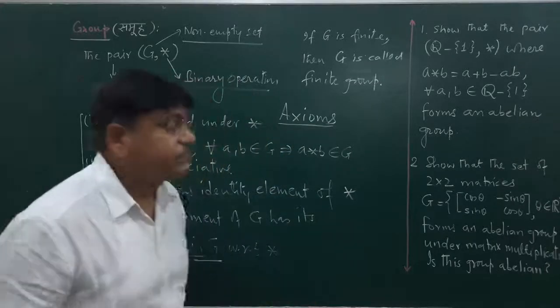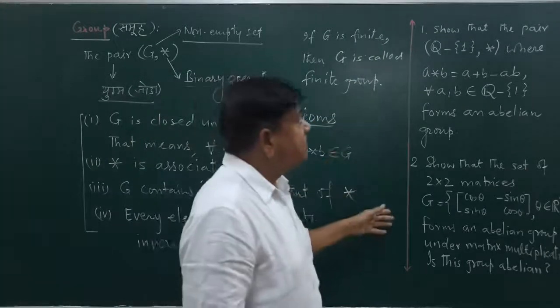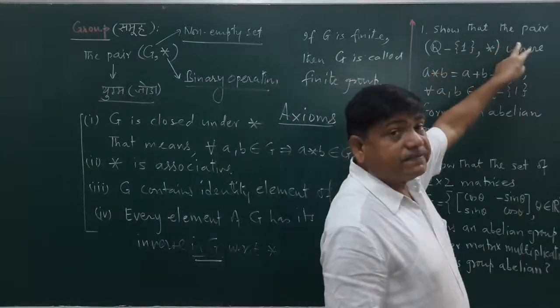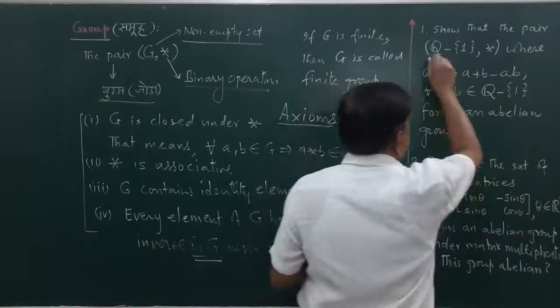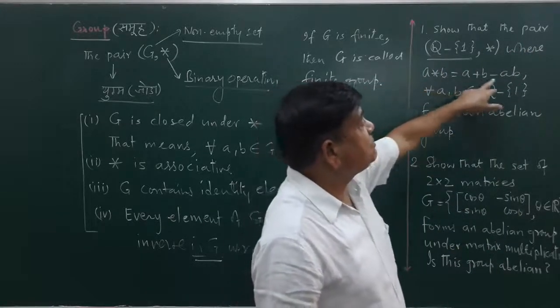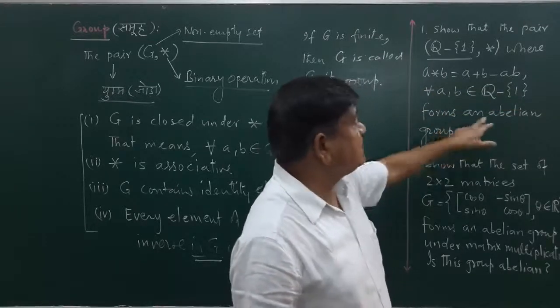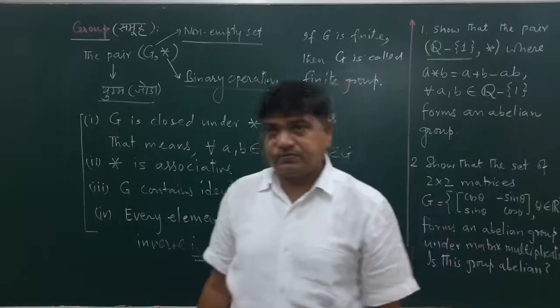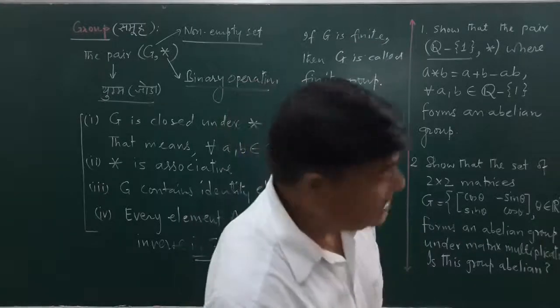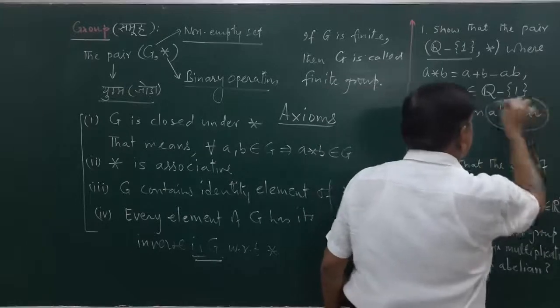Okay, so now today we will discuss these two problems. So that the pair where a star b is a plus b minus ab for all a, b belongs to this forms an abelian group. Remember, it is not just a group, it is an abelian group.